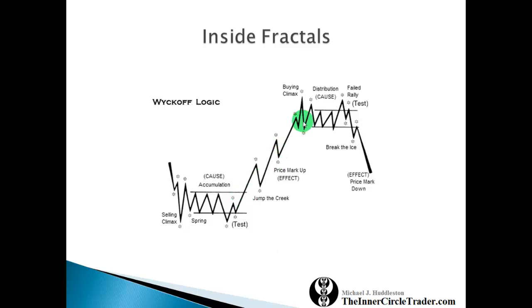The effect is the price markup moving into a buying climax, another consolidation, which is being distributed, and another test. Then it breaks the ice. This is the support called, again, silly names, I know, but that was his way of internalizing what was going on. And then the effect, therefore, seen in price being marked down.